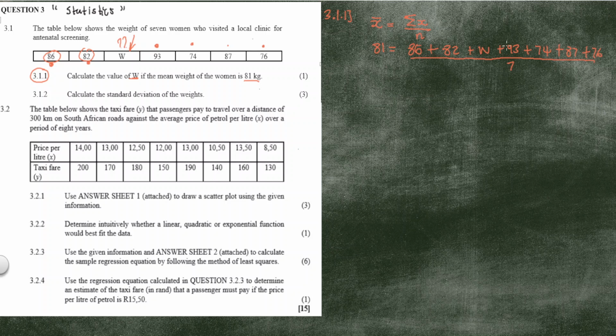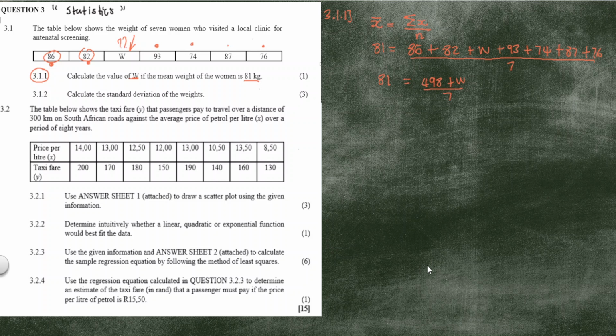Let's see what value we get. I'm going to take out a calculator. 86 plus 82 plus 93 plus 74 plus 87 plus 76 is 498. So 81 equals 498 plus W, divided by 7.